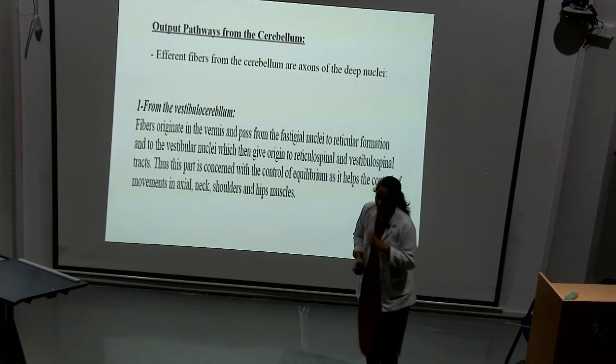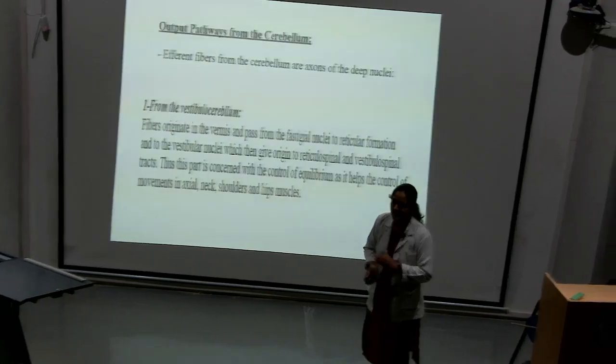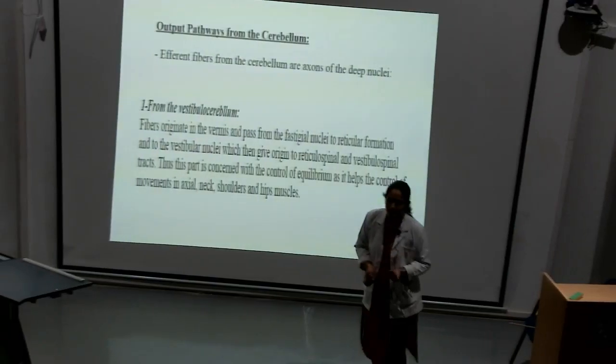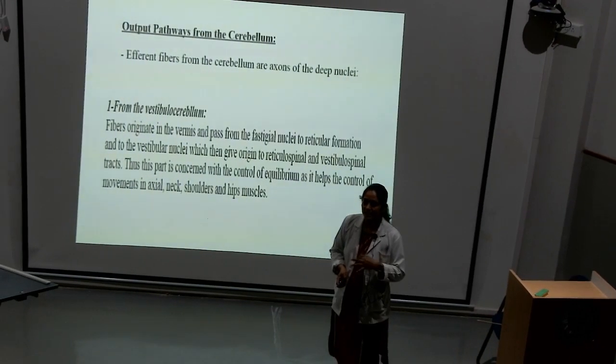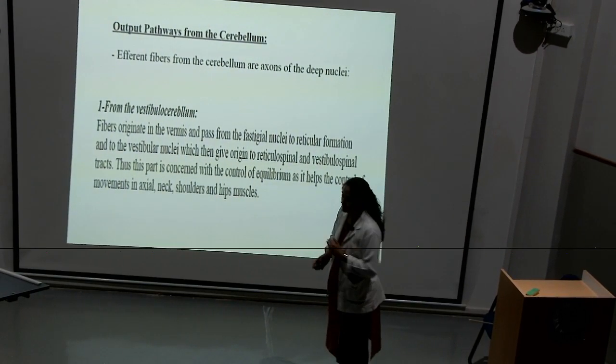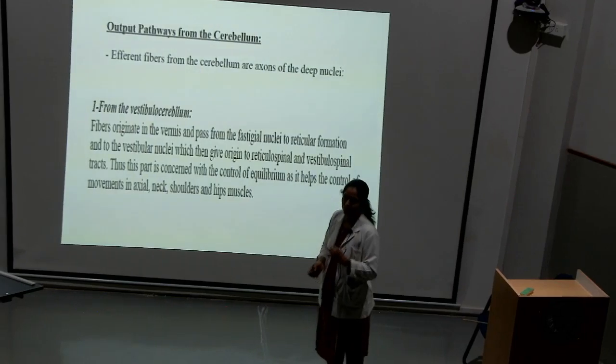From the vestibular cerebellum or the archicerebellum, the fibers originate in the vermis and pass to the fastigial nucleus, and from there they go to the reticular formation and also to the vestibular nuclei. From there, as the vestibulospinal tract and the reticulospinal tract, they go and control the movements in the axial skeleton, neck, shoulder and hip muscles.